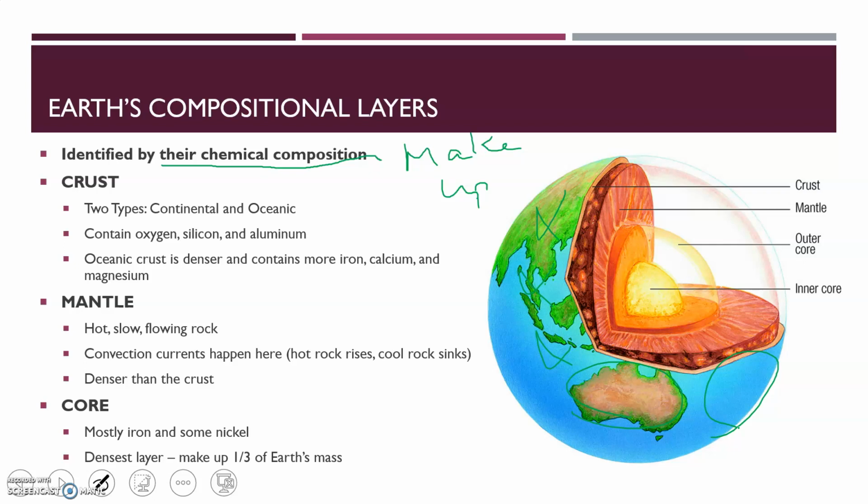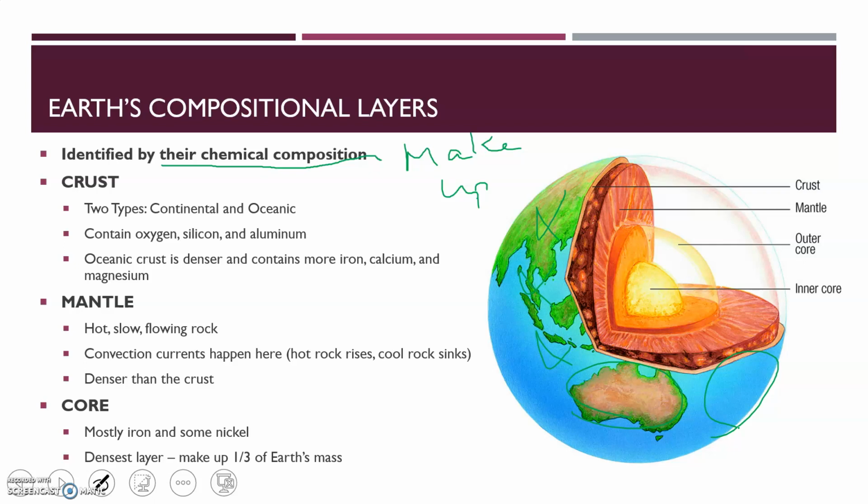Something to remember: they are the same in terms of they both have a base. Even though it has water on top, it still has surface or land underneath. The difference is the continental land is just going to be much thicker because it's all land, whereas the other is land with water on it.